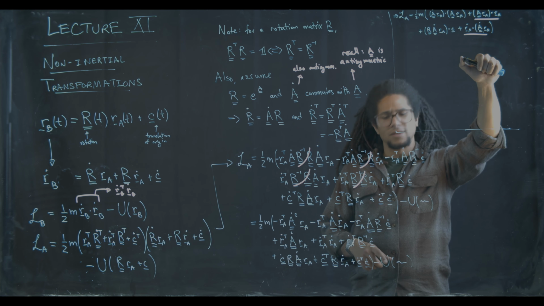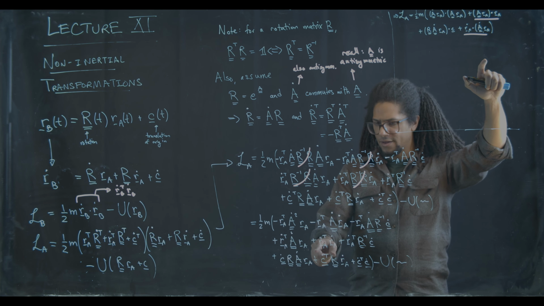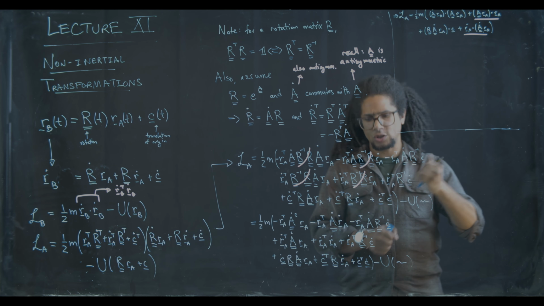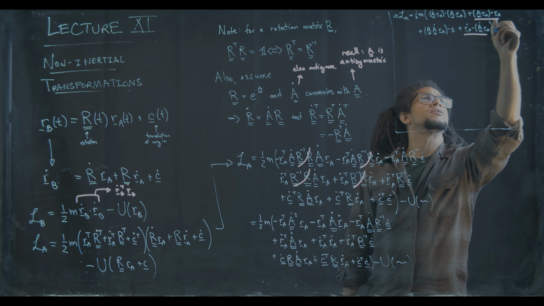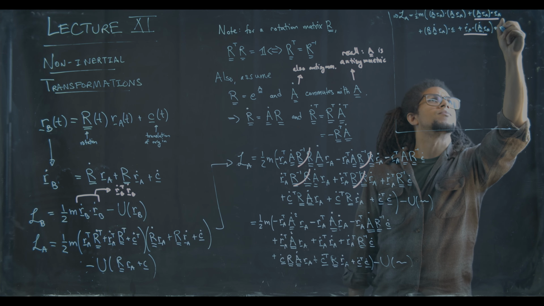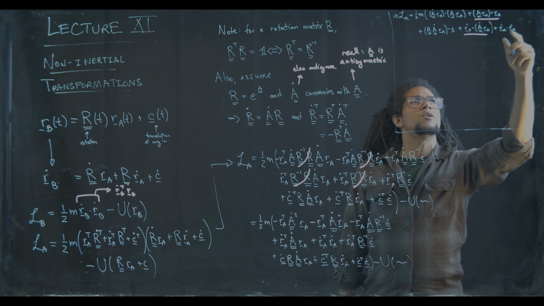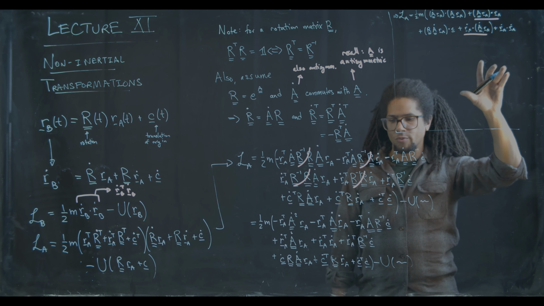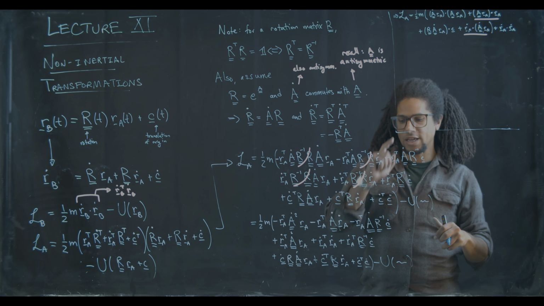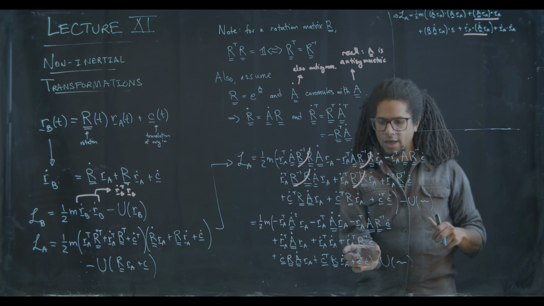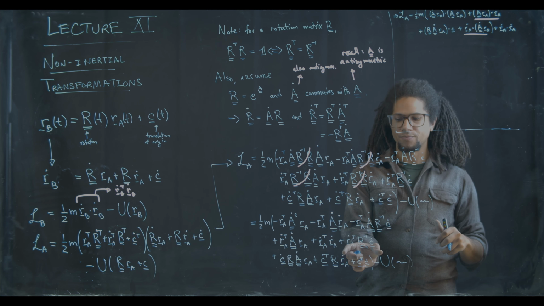Next, I have this term. This is just RA dot dot RA dot. And notice that this is the term that looks like my normal kinetic term for any Lagrangian. Okay, next up I have this term.